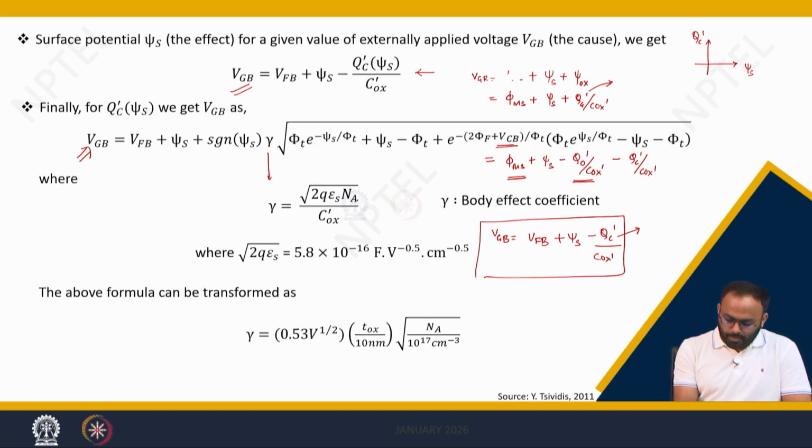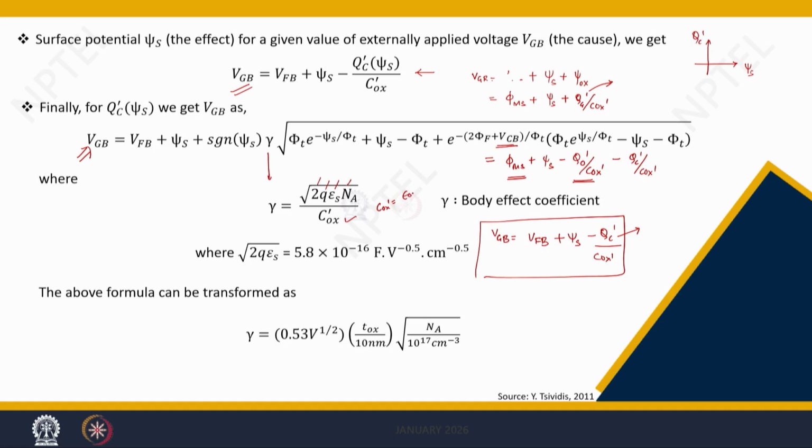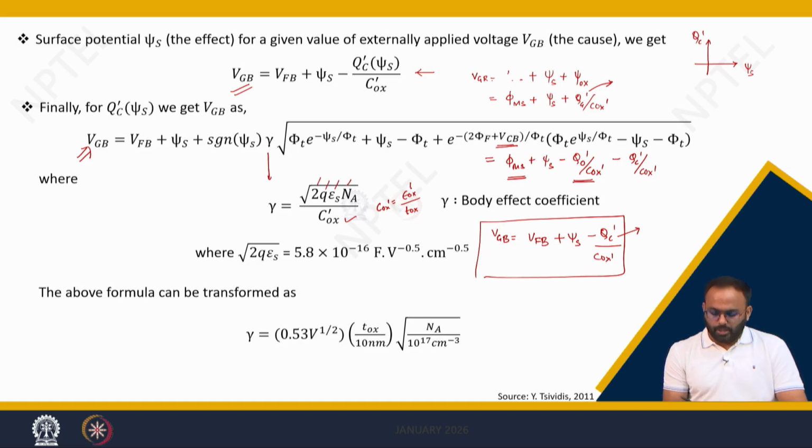So, gamma is nothing but square root of 2 into Q into N into epsilon s divided by Cox dash, where Cox dash is nothing but epsilon ox divided by Tox. This is the effective permittivity of oxide, correct.